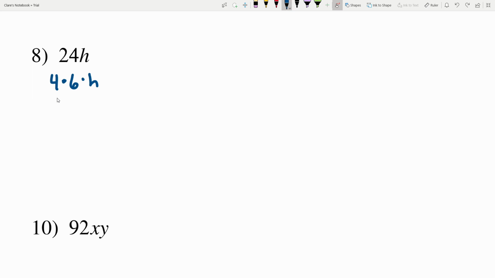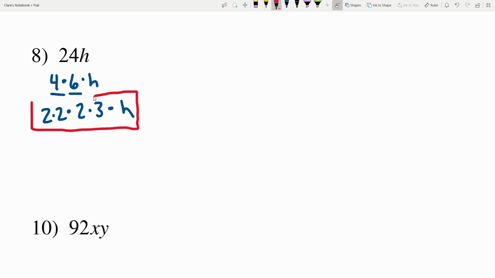Now I can just simply find the prime factorization of 4 and the prime factorization of 6. 4 is 2 times 2, and 6 is 2 times 3, and that's all multiplied by h. 2 times 2 times 2 times 3 times h is my solution in number 8.